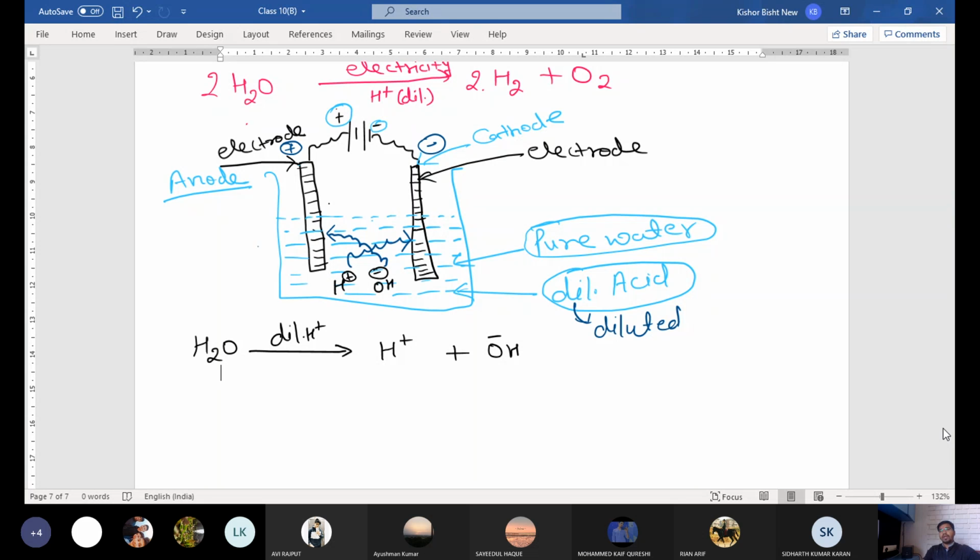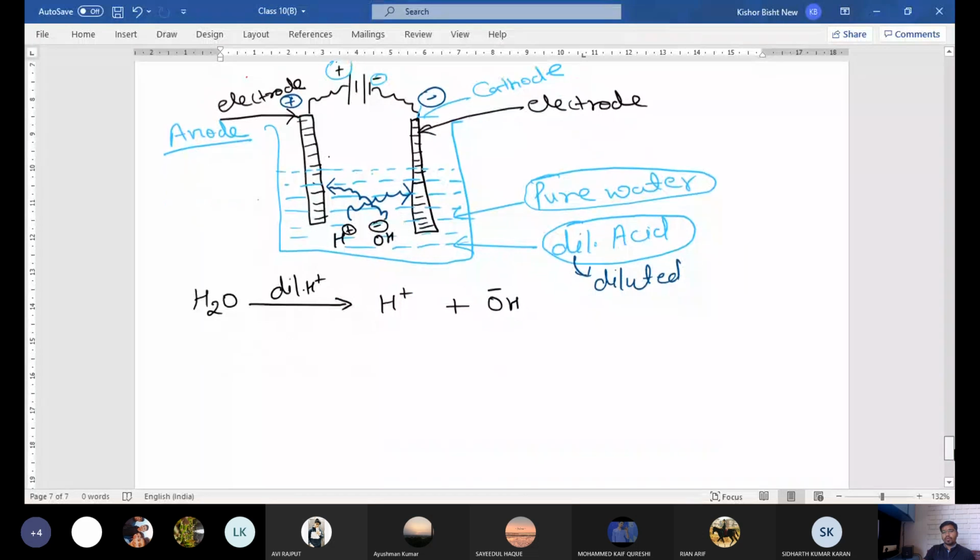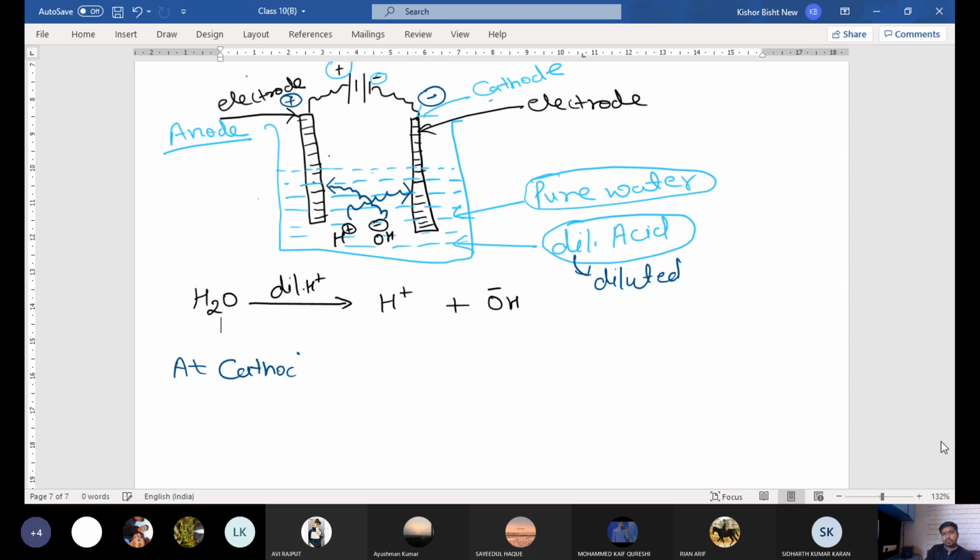Now you see what will happen in this one. First you come to the cathode. At the cathode electrode, what is happening? The H positive ions are moving toward the cathode electrode. First you note the point, just 1 minute. You write here one note point.